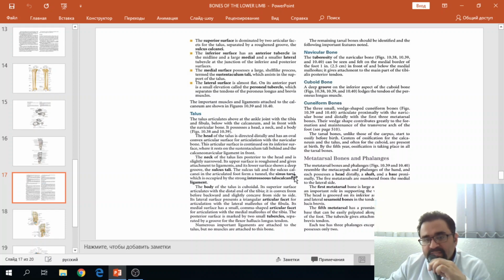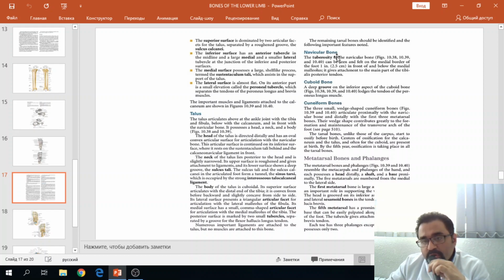And there is a sinus tarsi. The calcaneum has superior surface, the inferior surface, the medial surface, and the lateral surface. Medial surface possesses a large shelf-like process termed as sustentaculum tali, which assists in the support of the talus. The talus has head, neck, and the sulcus tali, and for the sulcus tarsi.